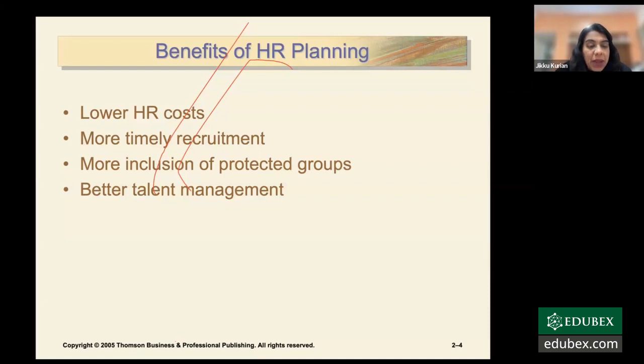Your project is in the pipeline, and the understanding between you and your client is that the project will start getting executed from the month of June. So in the month of June, you may have to hire. You may need, for example, another 100 employees on board so that you can start executing the project from June. So when do you start planning?